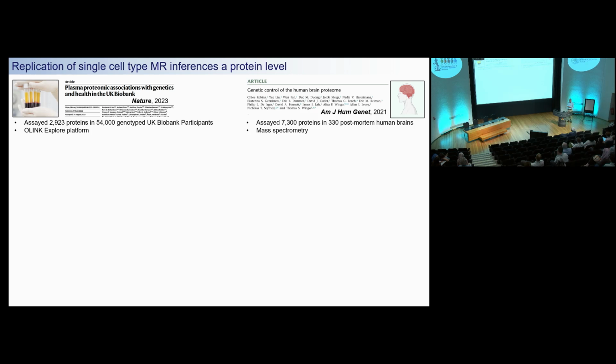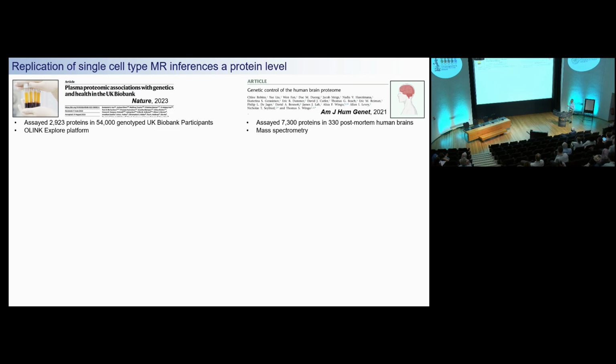So after doing this, because Arun will tell us that most drug targets are still proteins rather than RNAs, although I think that's beginning to change a bit, we wanted to see how many of these associations were validated at a protein level.